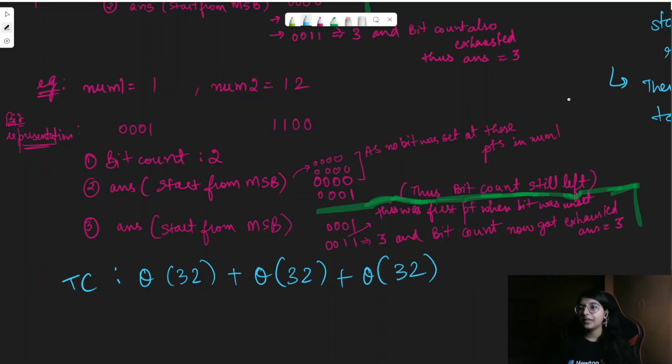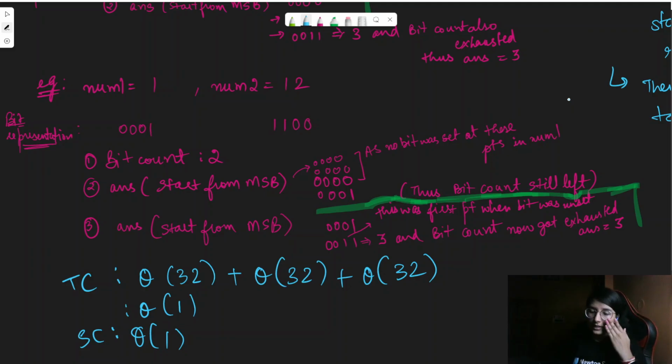So the time complexity would be order of one only. And for the space complexity, we are not storing anything anywhere, so the space complexity would also be order of one. So in short, both time complexity and space complexity would be order of one. So that's the whole scenario here. Now let us go ahead with the coding part.